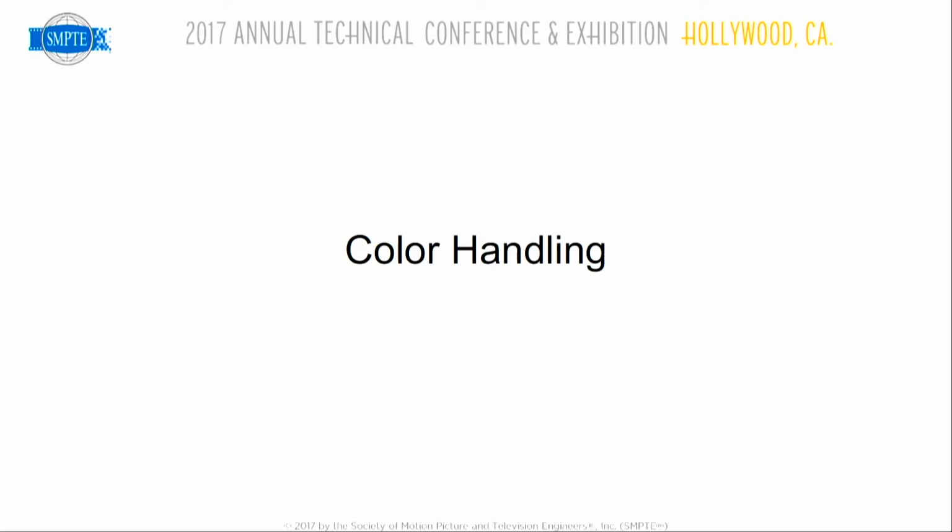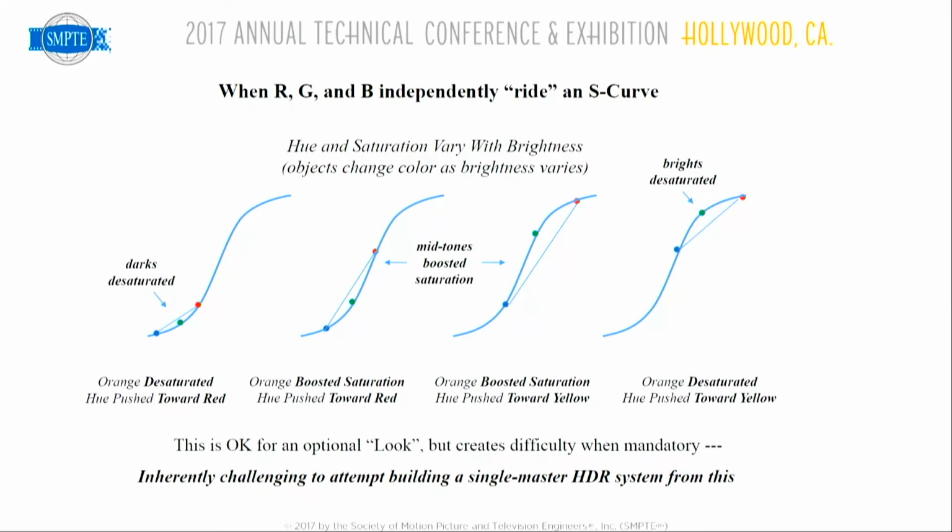Now I'll talk about the color handling of the core rendering transform. So as Gary pointed out earlier, if you think about how colors go through a conventional tone curve where you're applying the S-shaped curve independently to red, green, and blue, what we're showing here is if you imagine a shadow to highlight series of the same orange color, in the shadows and in the highlights, the red, green, and blue get closer together, so the ratio between the channels gets closer to 1, and hence the color desaturates.